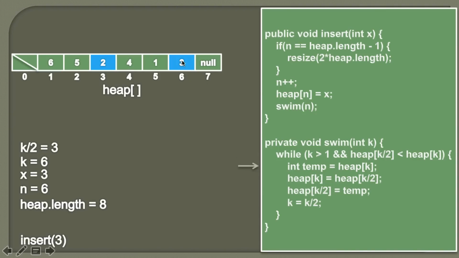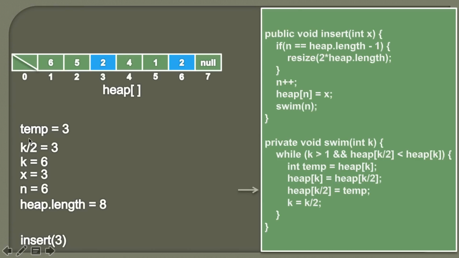So once the condition comes out to be true, in the while block we simply swap these two values. So it would look something like this. We'll assign 3 to this temporary variable. Then we assign the value at index 3 to the value at index 6, by assigning the value at index k by 2 to k. So it becomes 2.